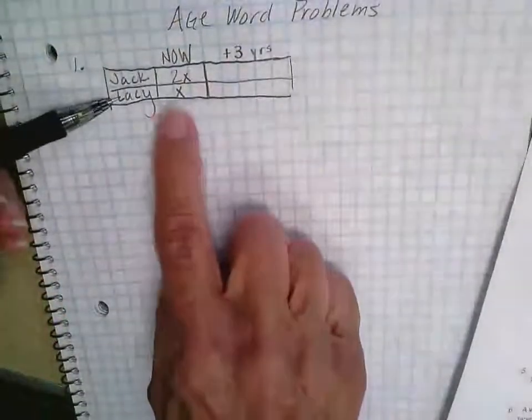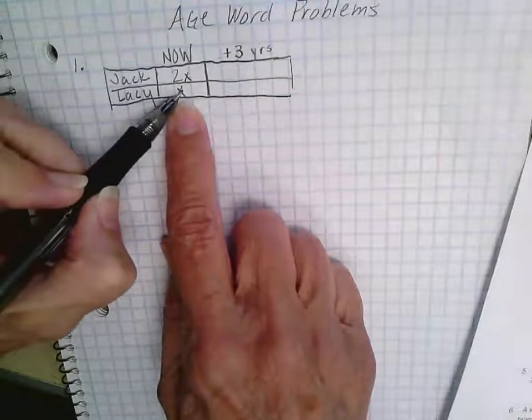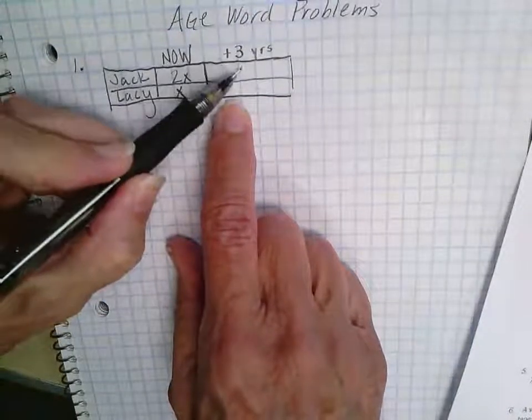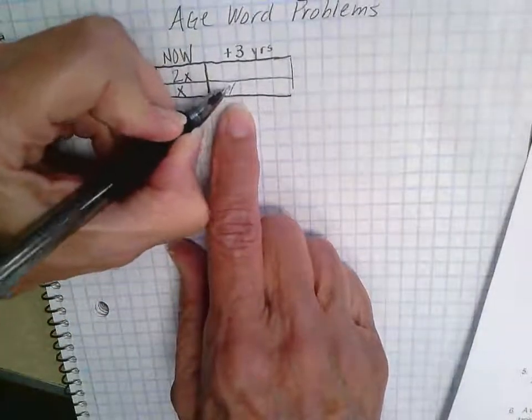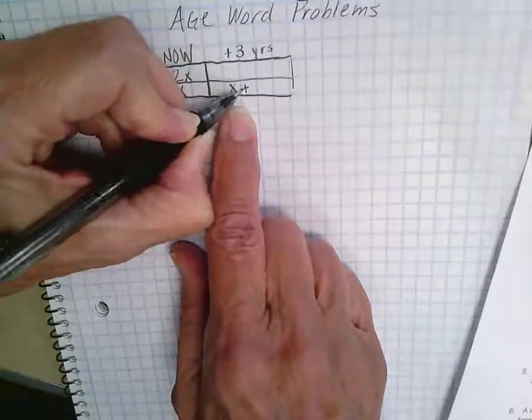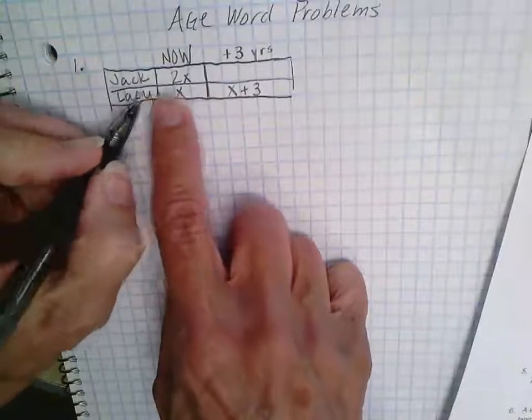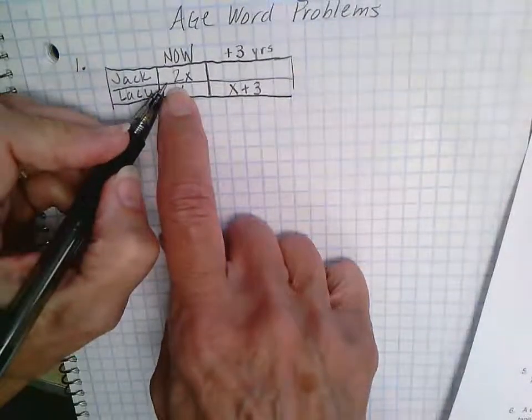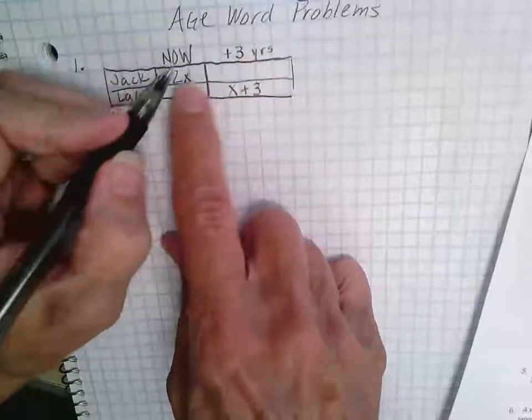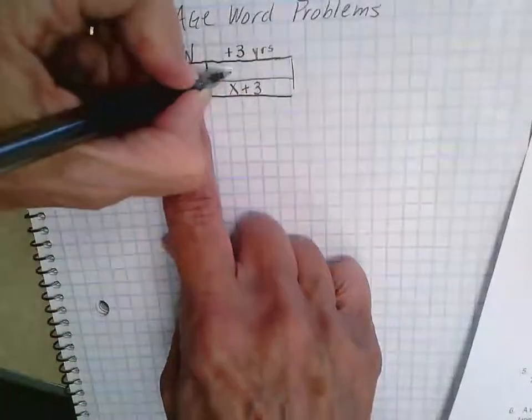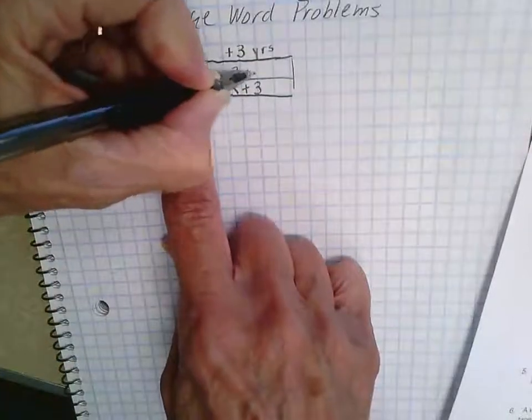So if Lacey is a certain age right now, 3 years from now, she is going to be that age plus 3. Jack is a certain age now, and in 3 years, he is going to be that age plus 3.